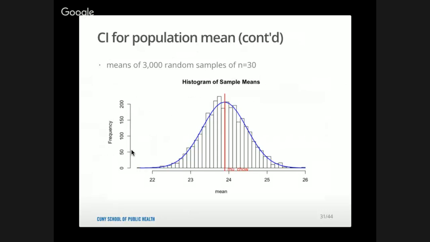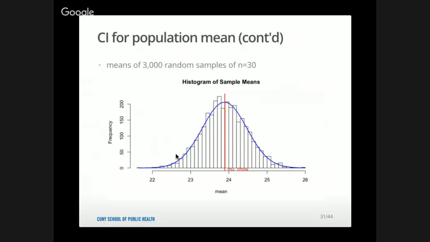And this is an actual repeated random sampling. So we've repeated our experiment on 30 mice 3,000 times, something that we're not going to do in real life. So this just required 90,000 mice here to do these 3,000 experiments.